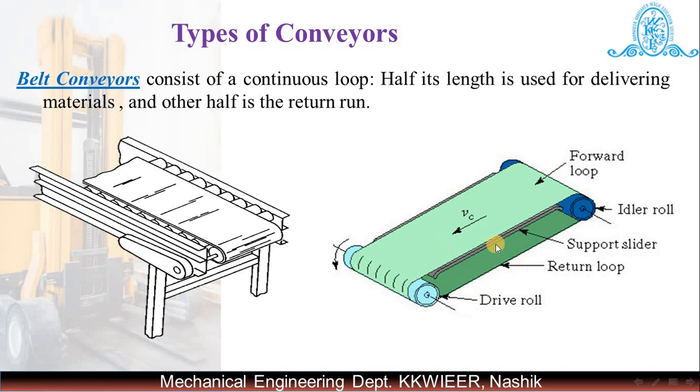These two loops are supported with sliders or small rollers, or we can add a few idlers. Out of the two rolls used, one is the driving unit and the other is the driven unit. Material may fall on this conveyor and will travel to its destination.